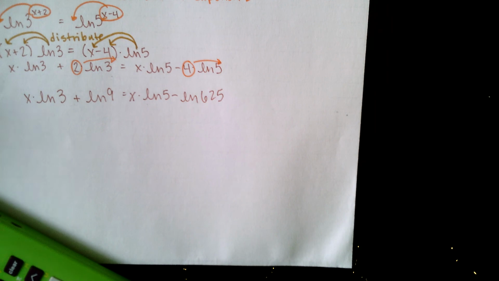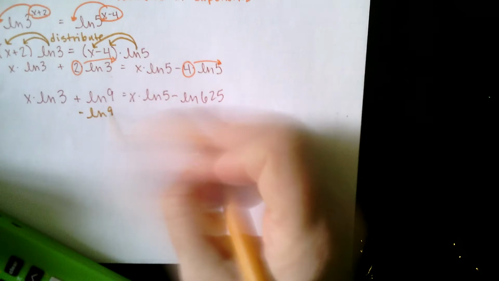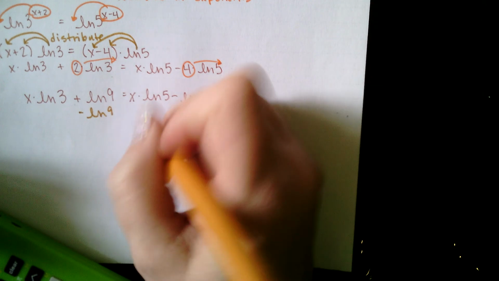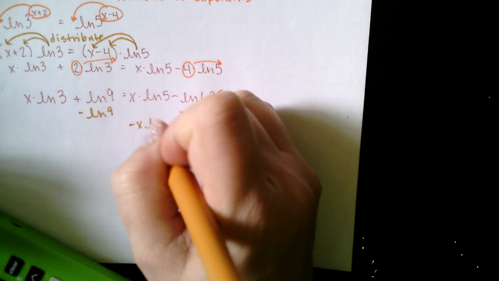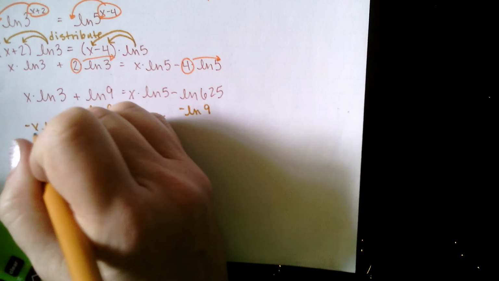So we're going to want to move all of our terms that have the variable to the same side and all of our terms that don't have variables to the opposite side. So I will subtract my natural log of 9 over to this side. And I'm also going to subtract x natural log of 5 over to this side.